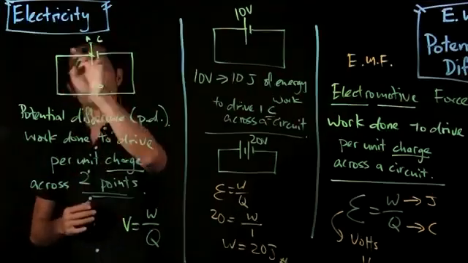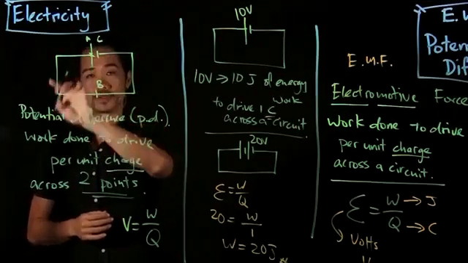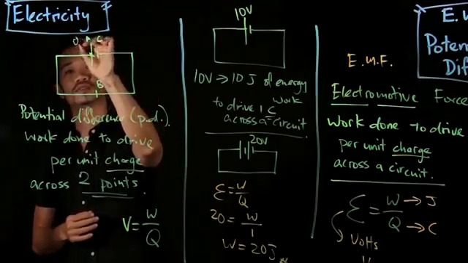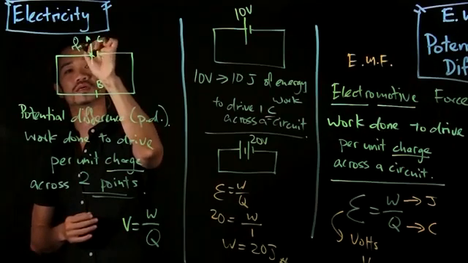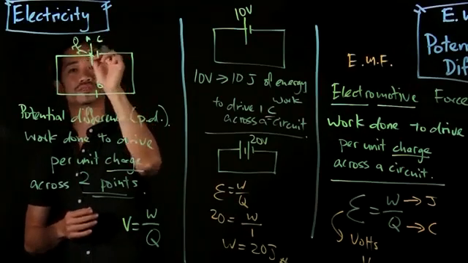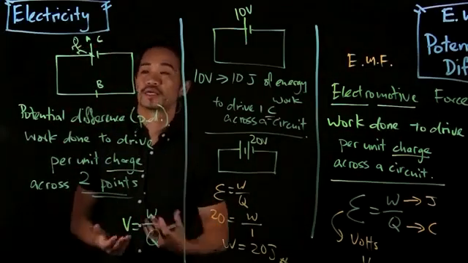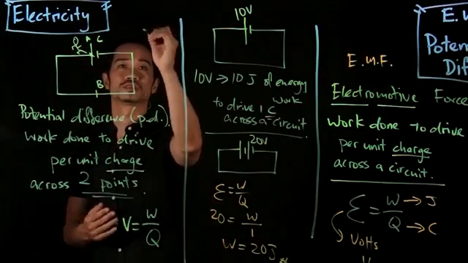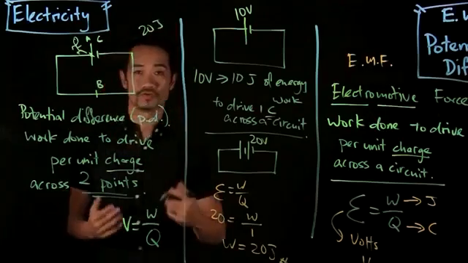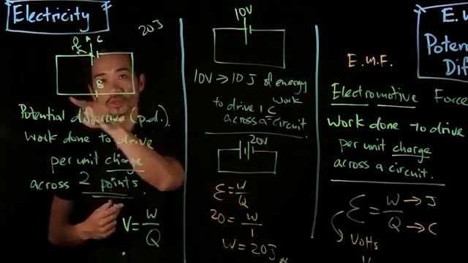Just imagine this is a running track, and I have a runner that is running. To finish the whole track, let's say the runner uses 20 joules of energy, so he has done 20 joules of work to run through the whole track.